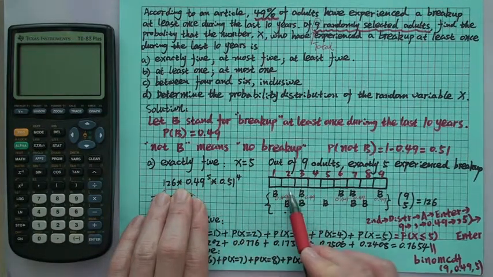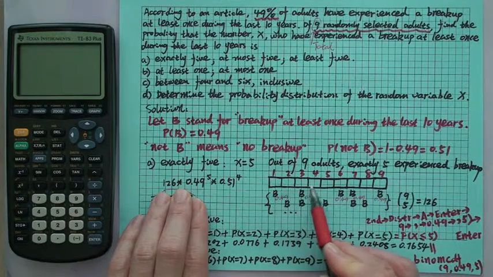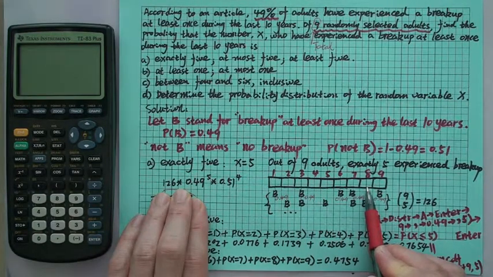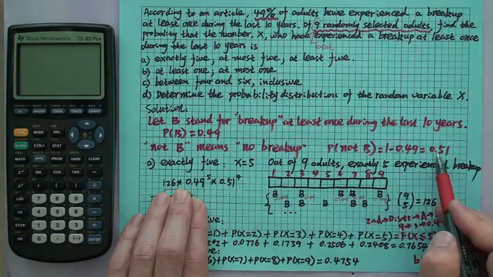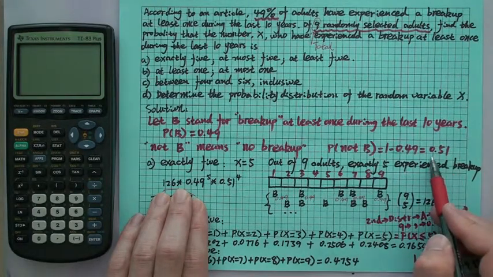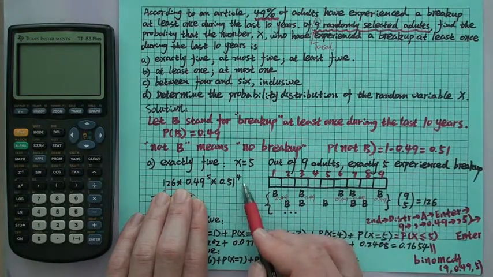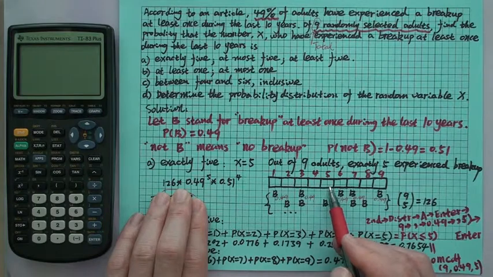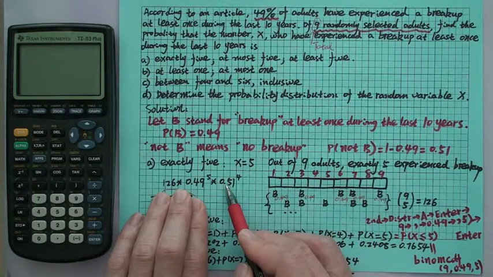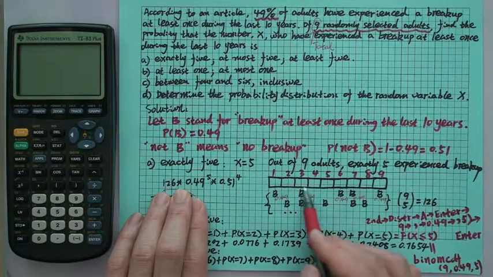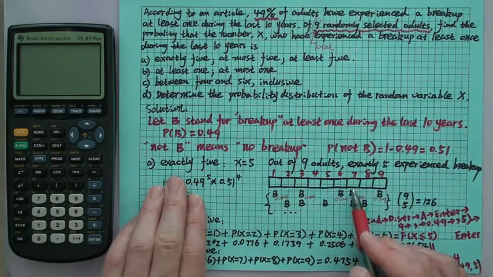And the other 4 adults, 1, 2, 3, 4, have not experienced a breakup. The probability for no breakup is 0.51, and there are 4 of them, so you have 0.51 to the 4th. This is only case 1.